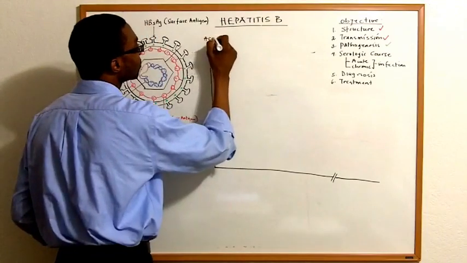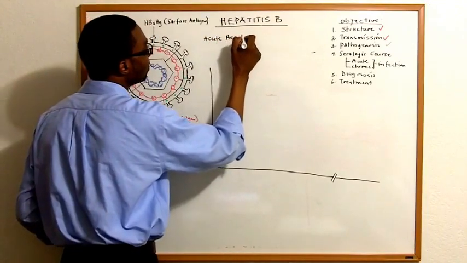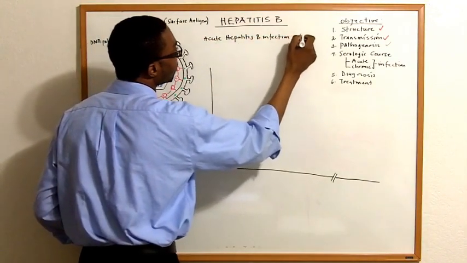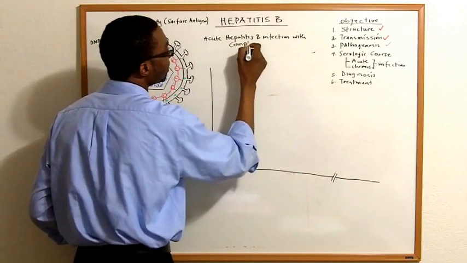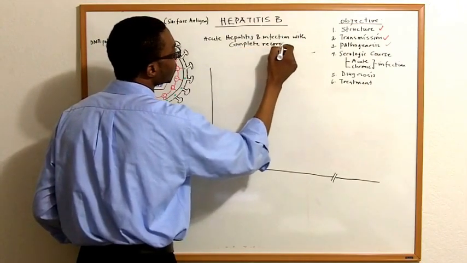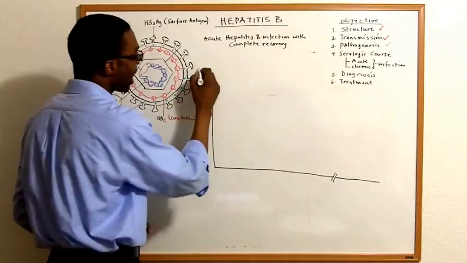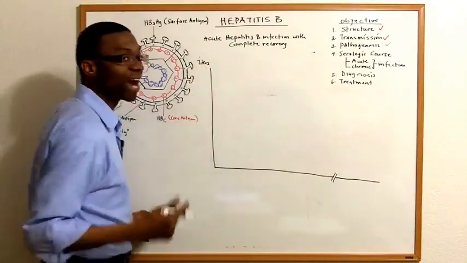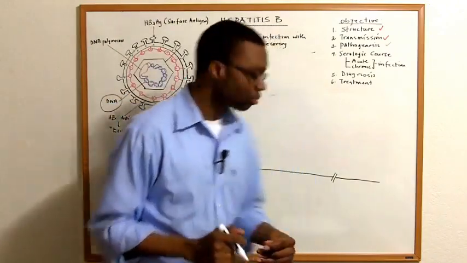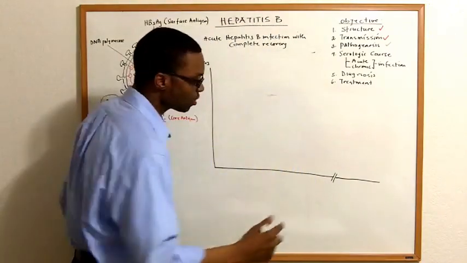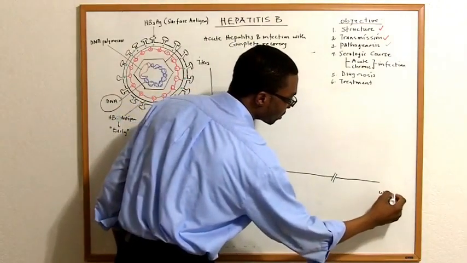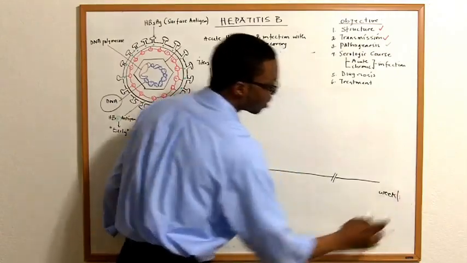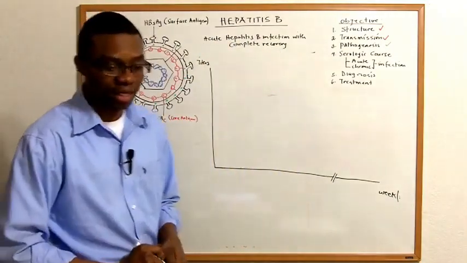So this is an acute hepatitis B infection with complete recovery. On the y-axis are going to be titers, which means the viral titers. On the x-axis, we're going to put weeks or months, preferably weeks, of how a patient has an infection of hepatitis B.